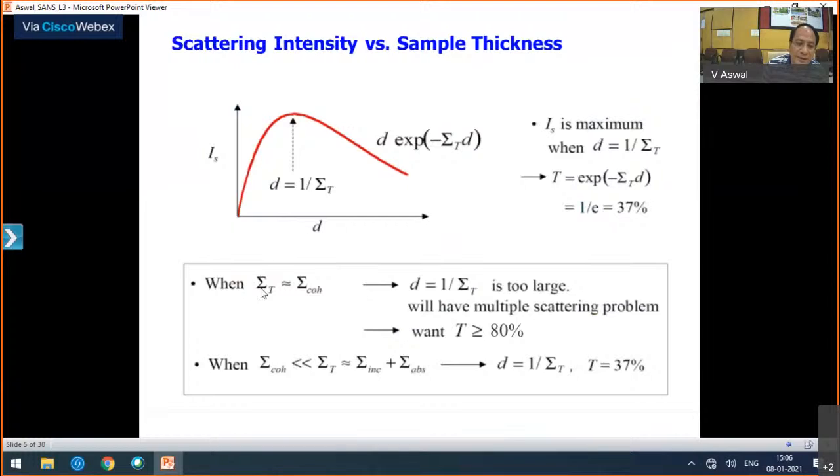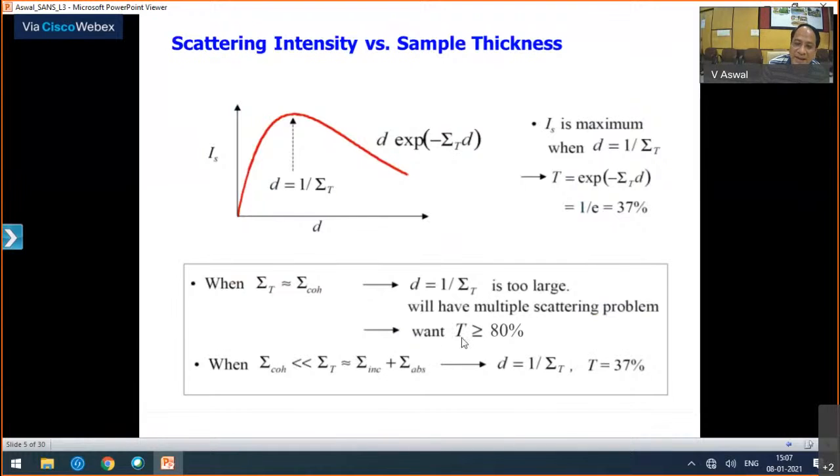Now you see, in the case when you have mostly coherent scattering from the samples, that's what you want. Other scattering will be giving you background, or you can have some sort of absorption in the system. So if your total cross section is given by the coherent cross section, then the thickness 1/sigma_t which you would select is too large, because what you measure in small angle neutron scattering is only coherent scattering.